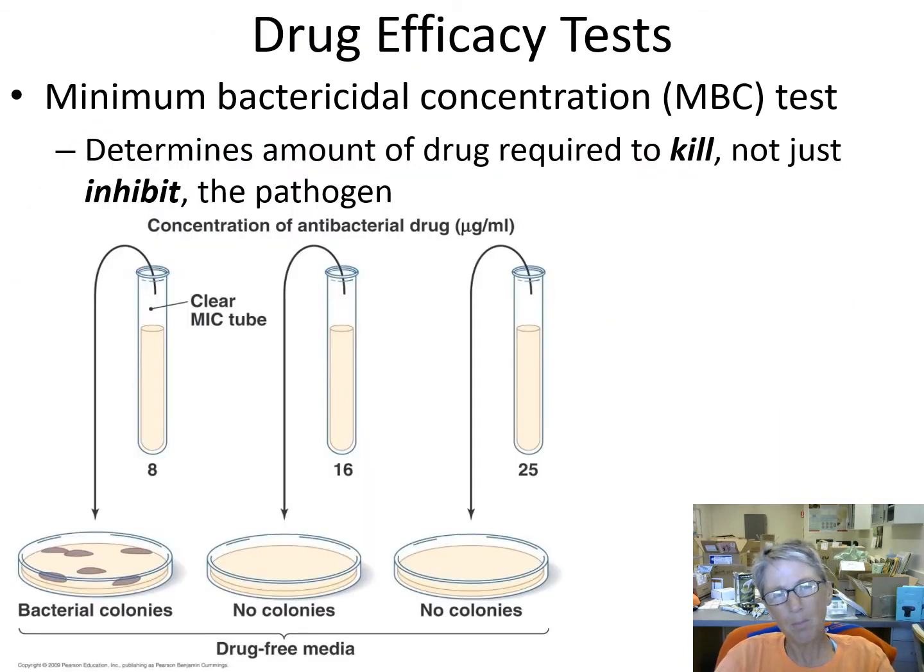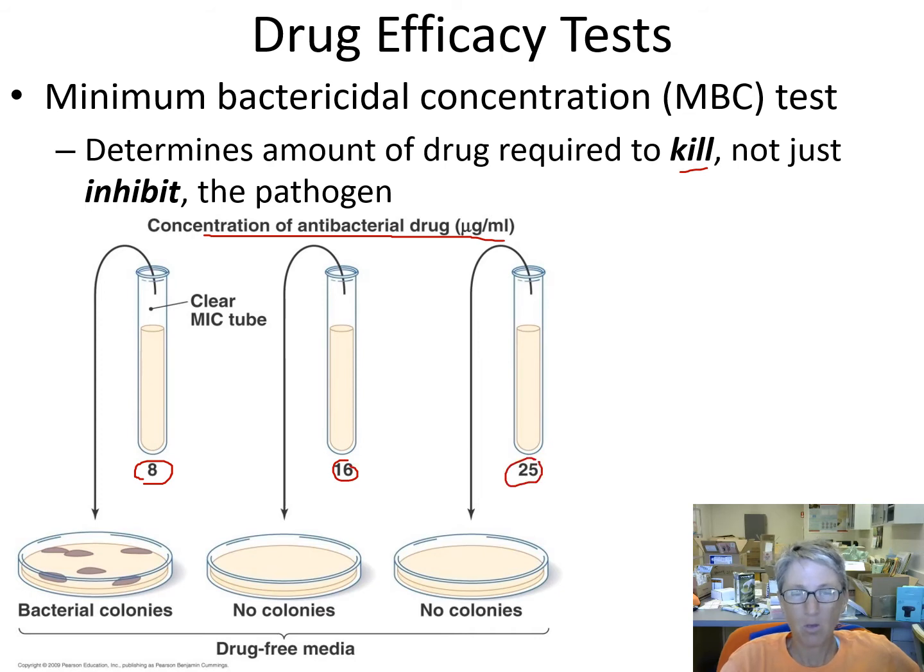There's a minimum bactericidal concentration test. It determines the amount of drug required to kill, not just inhibit the pathogen. So in this cartoon, you have the concentration of the antibacterial drug at 8, 16, and 25.